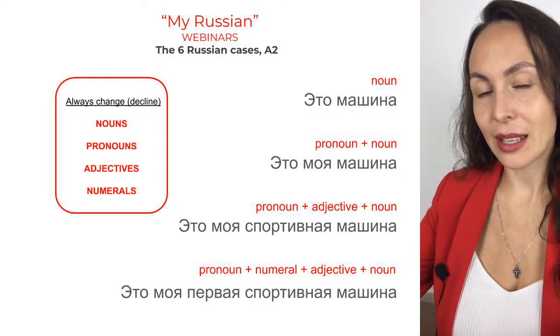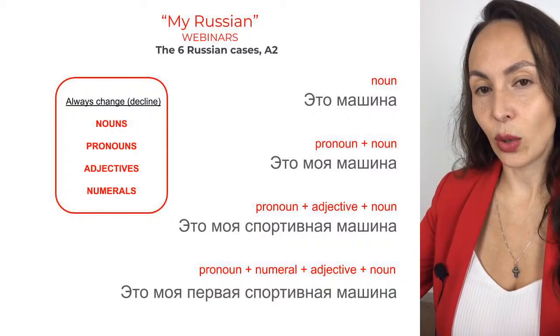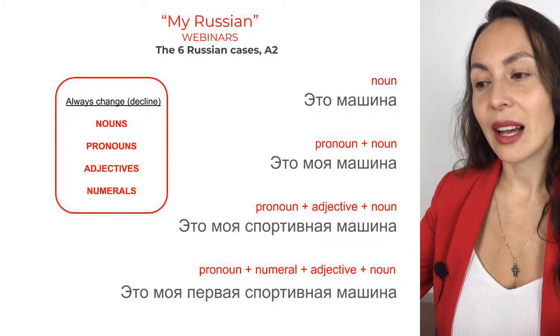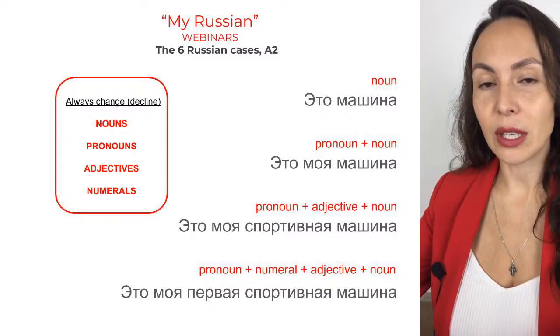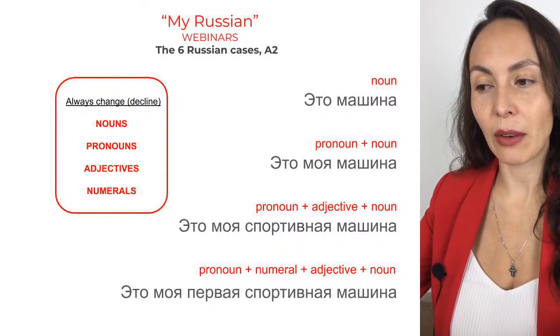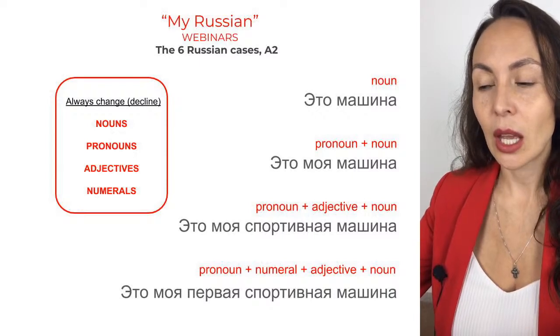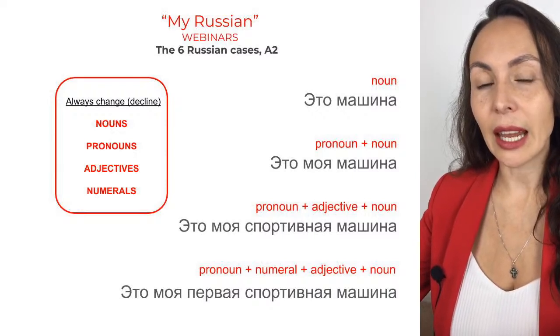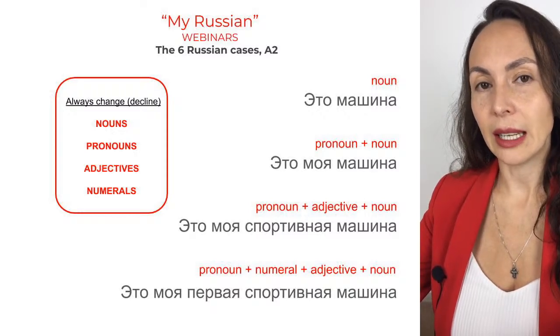This is an ordinal numeral. Это моя первая спортивная машина. So now we have a pronoun, a numeral, an adjective, and a noun. All of them agree in case. So all of them are in the nominative form.